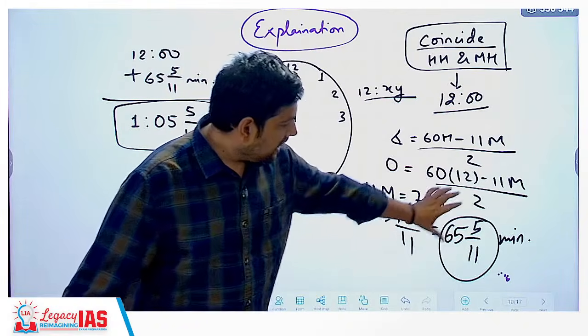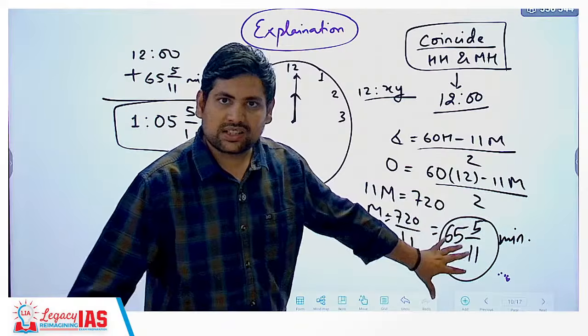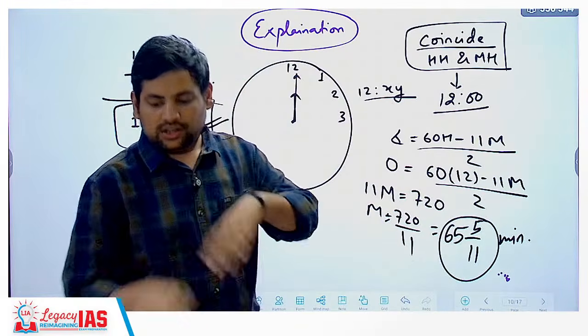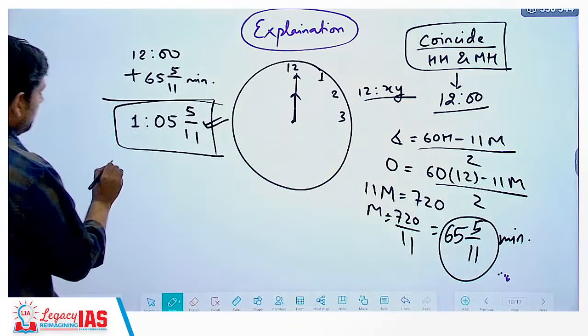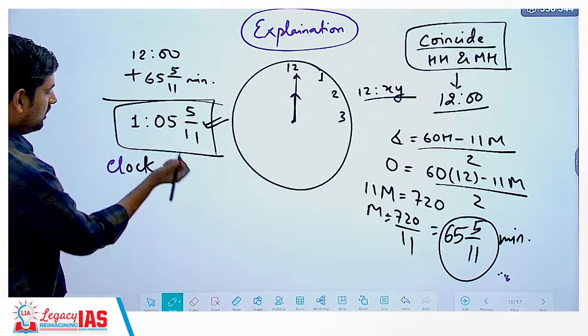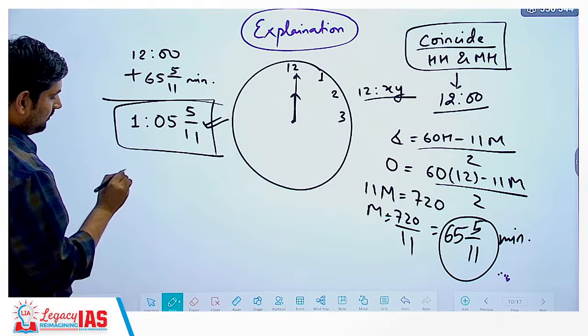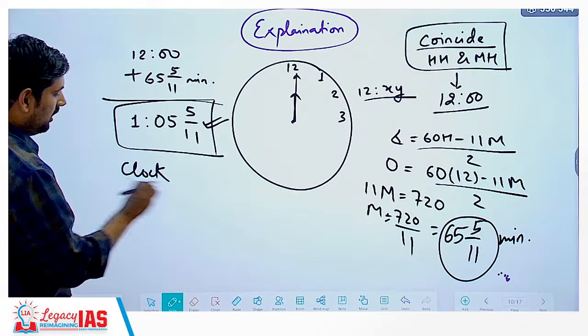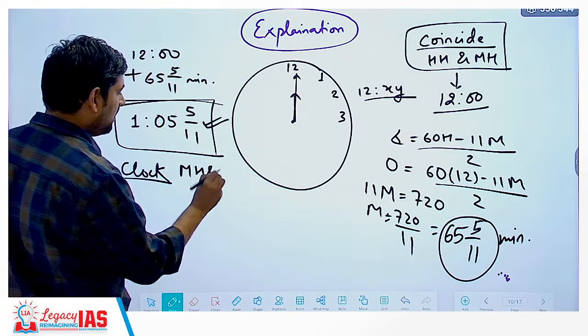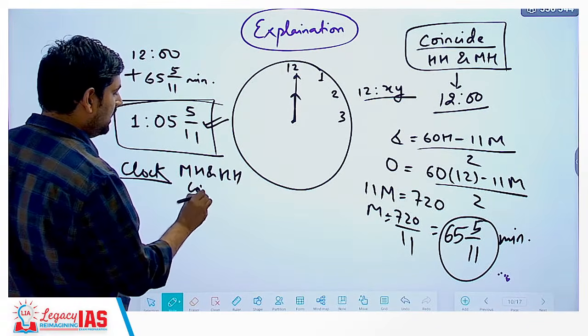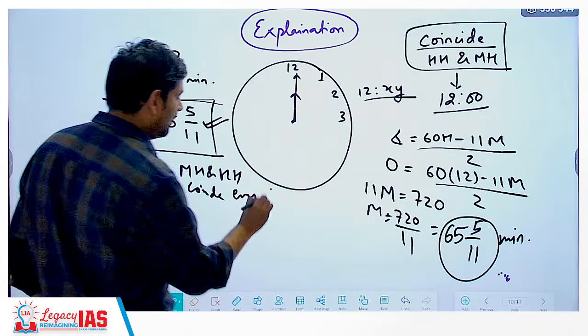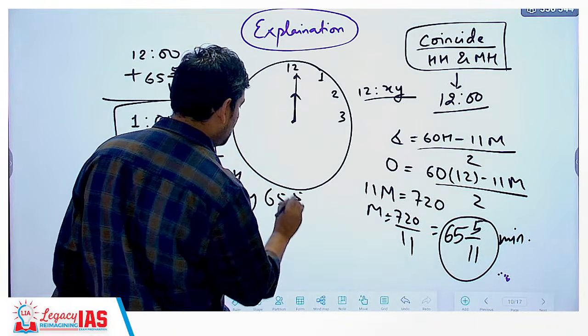So basically again and again, if you keep repeating this time, they will keep on coinciding. That means in a clock, the minute hand and hour hand coincide every 65 and 5 by 11 minutes.